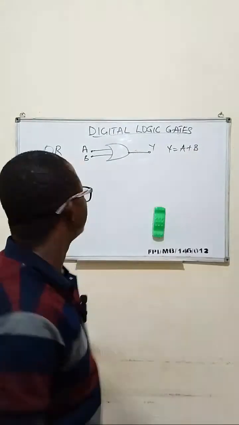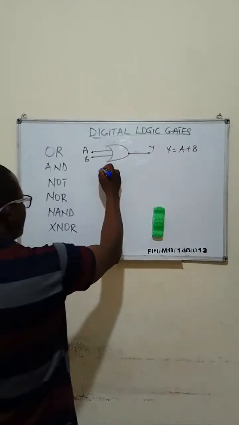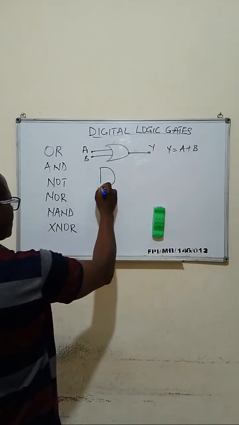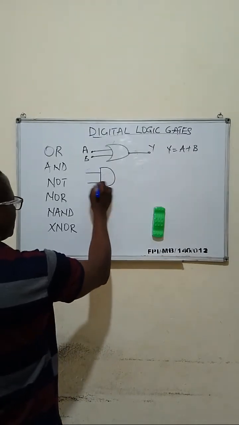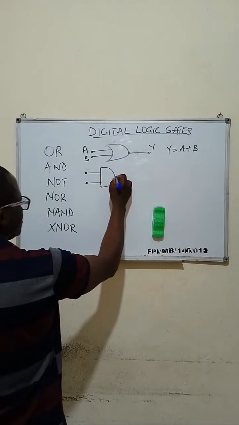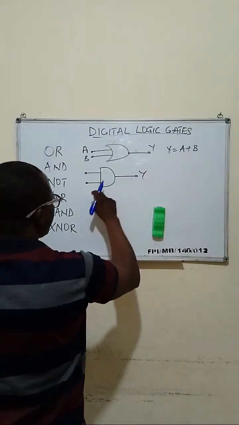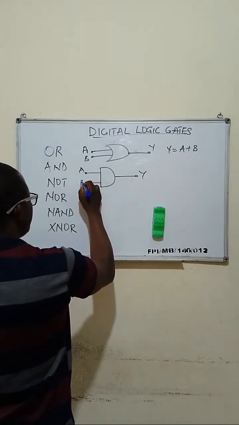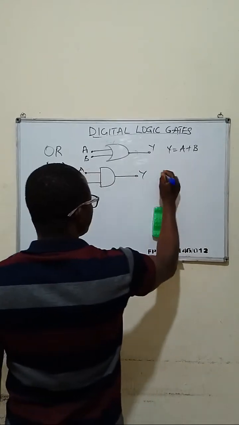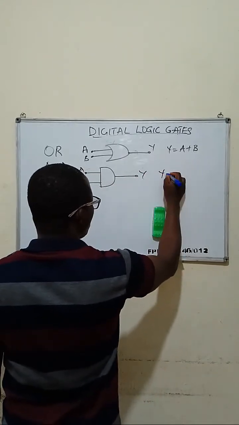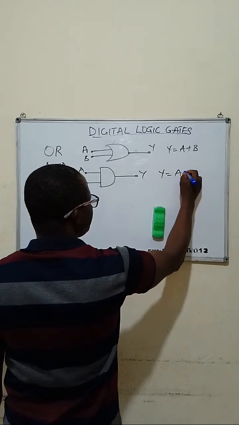That's the meaning. For the AND gate, we have the symbol this way. And we can now write inputs A and B. We can now write the Boolean expression for the output Y equals AB.